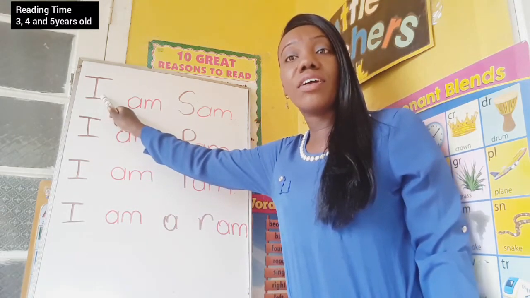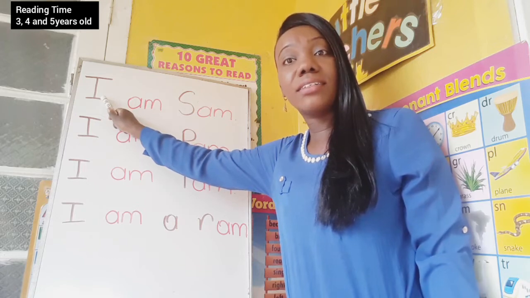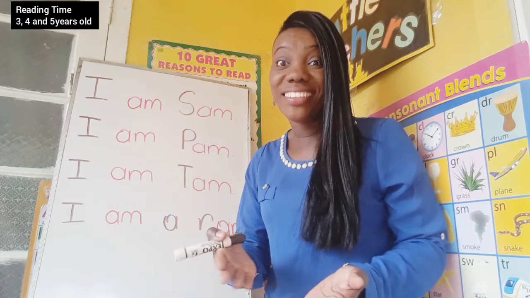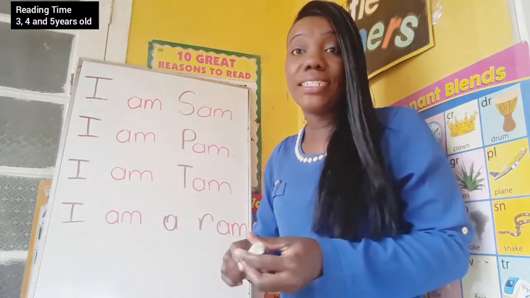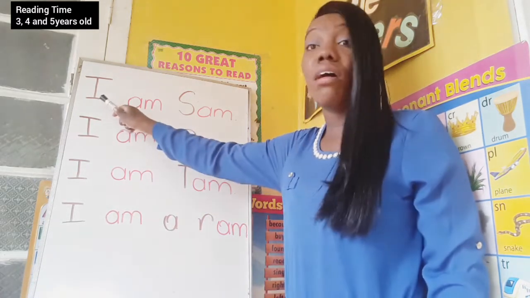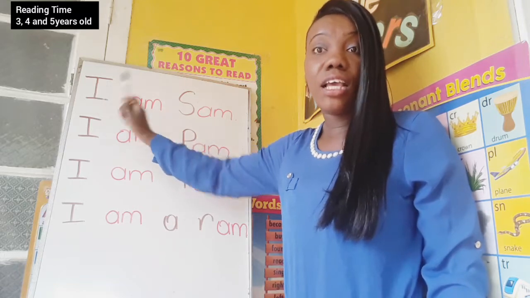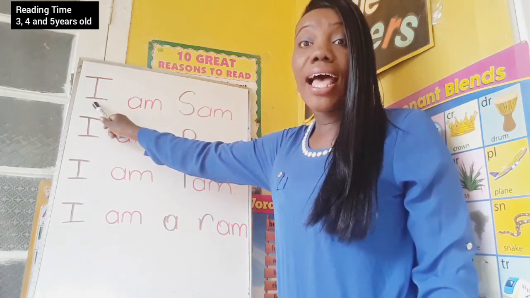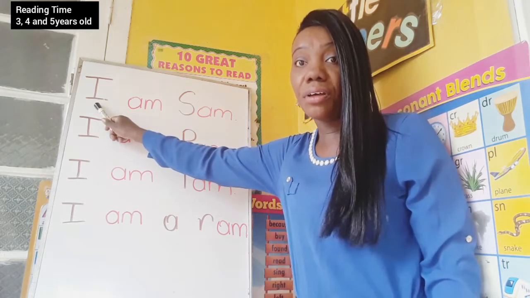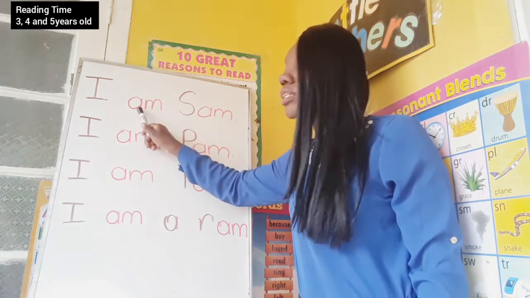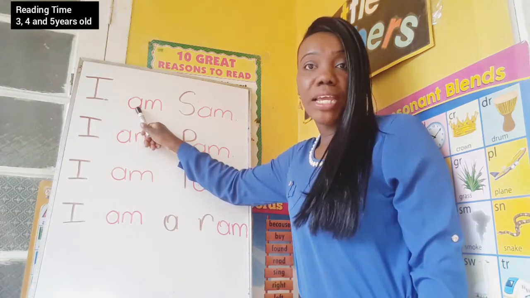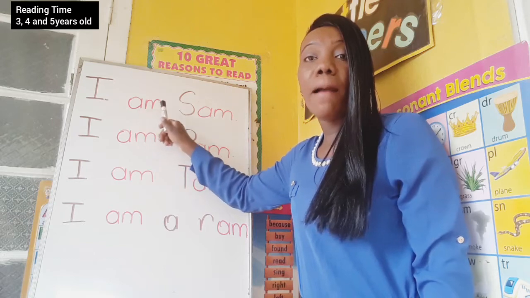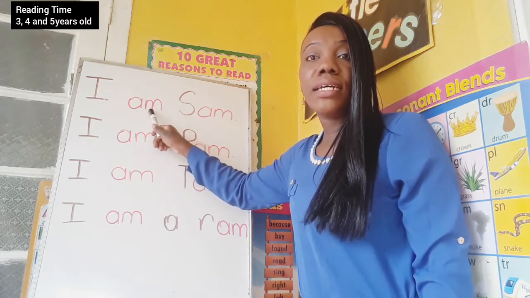Now this is the letter I. And I is a word. So we use it in sentences, and when you see it, you just call its name. I. So let's read. I. Very good. And what's this? Make the sound. A. What's the word?